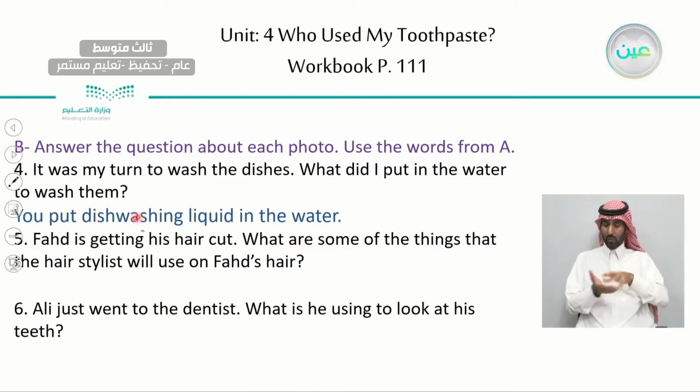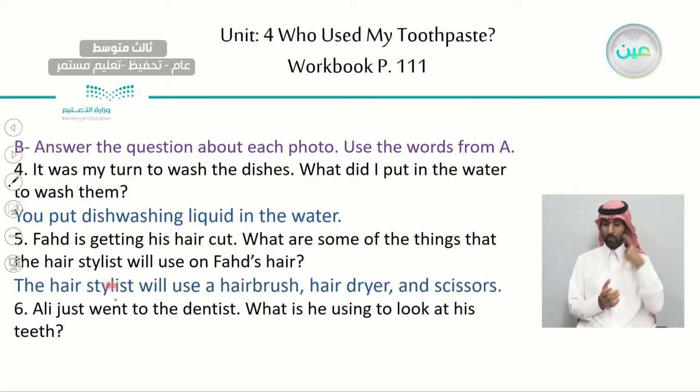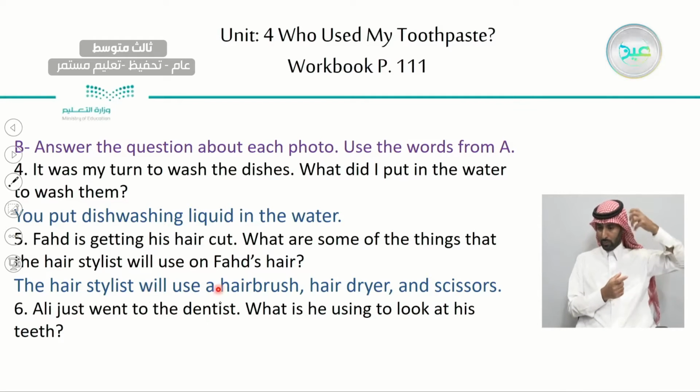You put dishwashing liquid to wash the dishes. Right? 5, Fahad, what did Fahad use? The hairstylist will use a hairbrush, hair dryer and scissors to fix Fahad's hair. Right? To get his haircut.